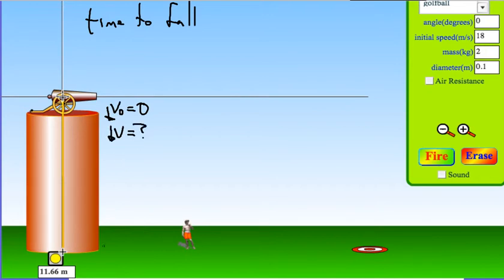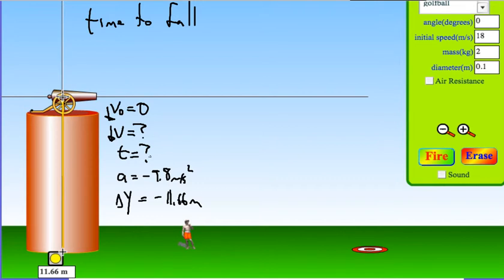We don't know how fast it's going when it hits the ground. Time, we also don't know. Acceleration is negative 9.8. And the height, or the change in y, equals negative 11.66 meters because it's falling downward.